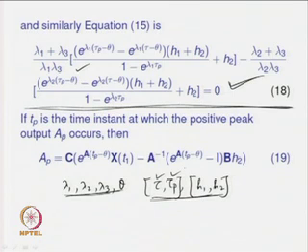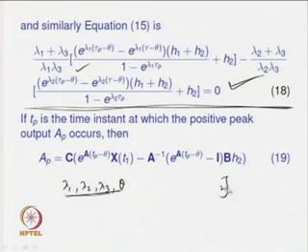So, we need to make a further 2 measurements, so that the 4 unknowns associated with the transfer function model can be estimated. So, we have to find analytical expressions for the peak amplitude as well as the negative peak amplitude. Those 2 values will not be the same.